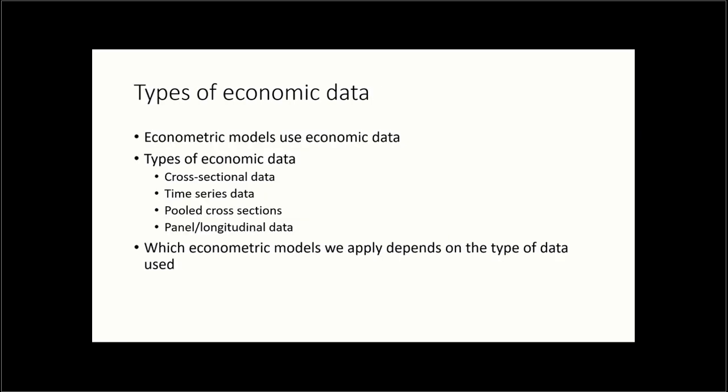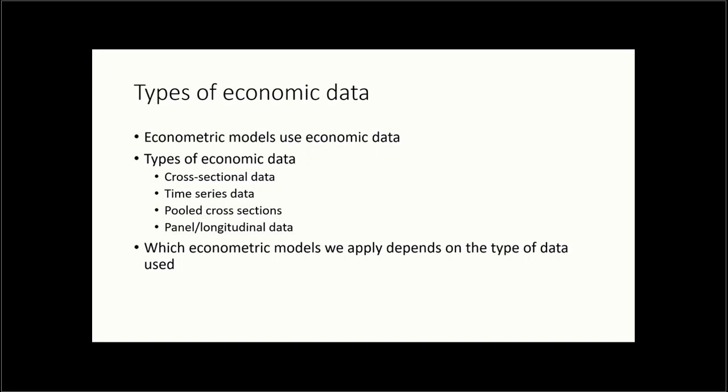So now moving on, let's talk about the different types of economic data that we have. This economic data will be used by our econometric models. And these are the types of data that we will talk about. Cross-sectional data. So this is across people or units.